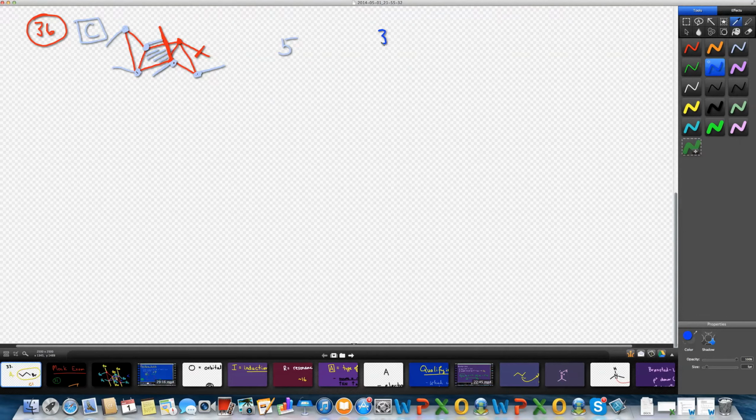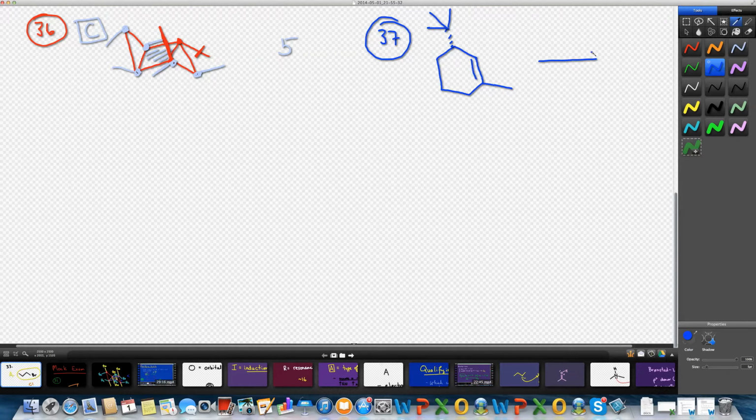Let's now consider number 37. We want the major product, so let's look at the reaction in a bit of detail. Of course, we have our double bond, and we have stereochemistry with the t-butyl group.